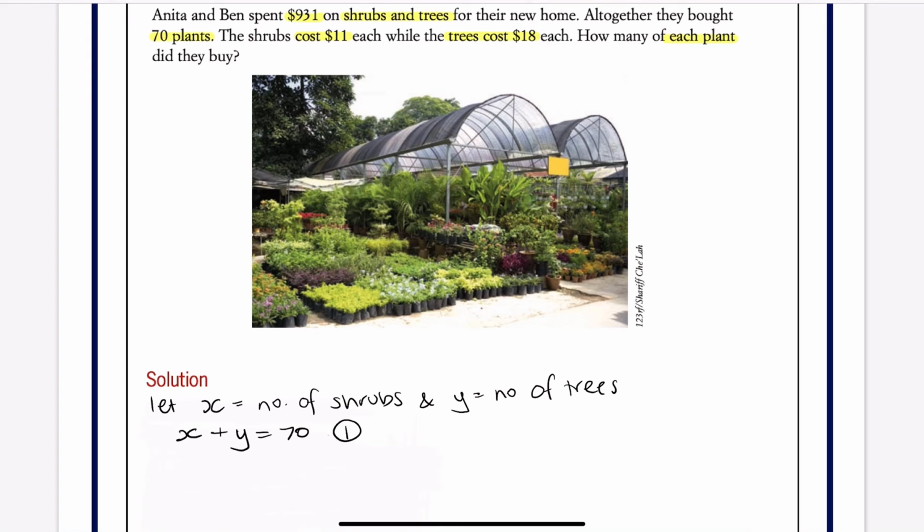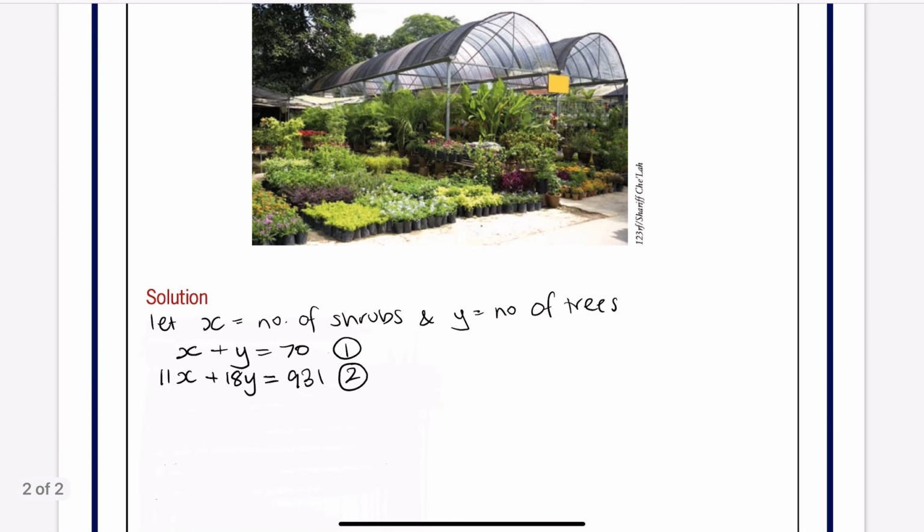So we can write 11 times x, plus 18 times the number of trees, y, and that total cost will be $931. That's equation 2.